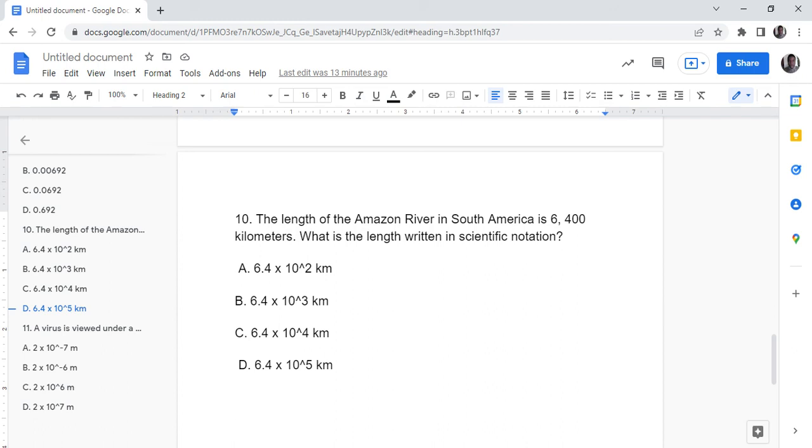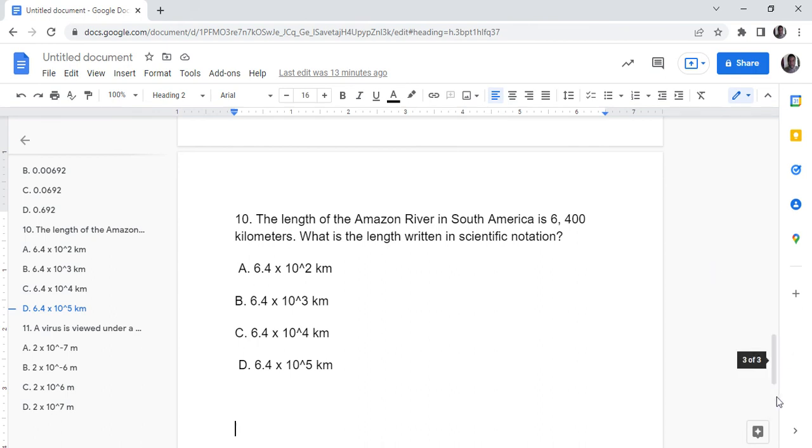But in the event where the zeros came before the 6 and 4, then it would be considered a negative exponent. So in this case, we would have 6.4 times 10 to the third exponent kilometers.